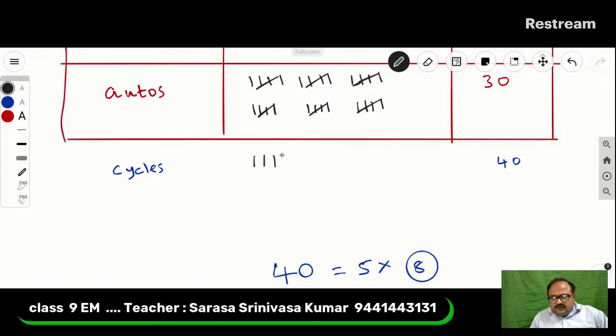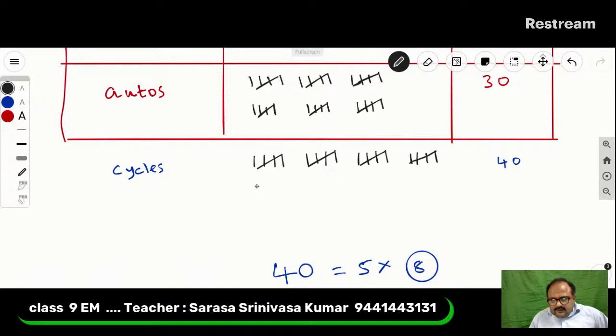1, 2, 3, 4, 5. Up to now I have written 20 tally marks.